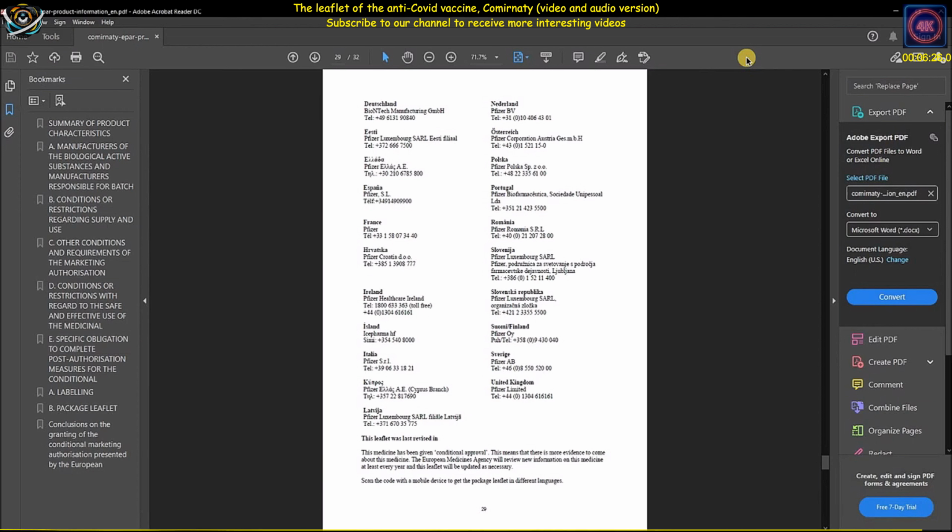Hrvatska, Pfizer Croatia d.o.o., Tel +385 1 3908 777. Slovenija, Pfizer Luxembourg SARL, Pfizer, podružnica za svetovanje s področja farmacevtske dejavnosti, Ljubljana, Tel +386 (0) 1 52 11 400.